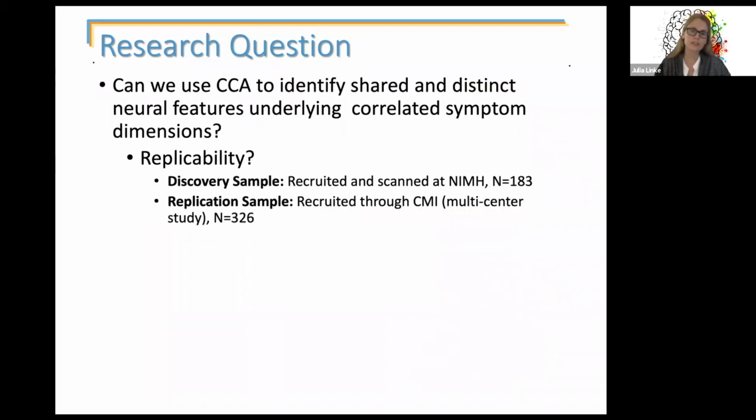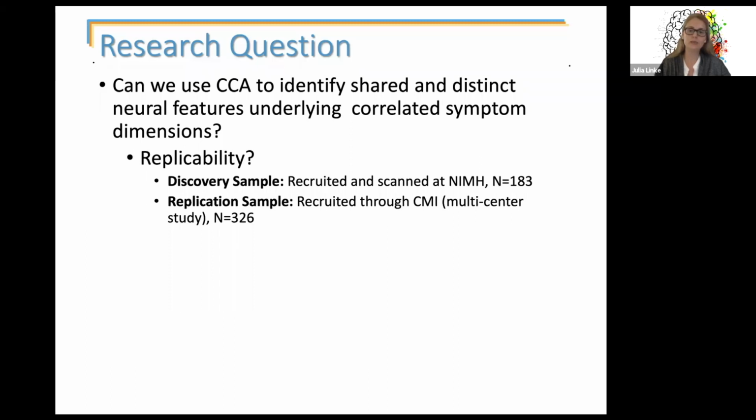So the question is, can we use canonical correlation analyses to identify shared and distinct neural features that underlie these three symptom dimensions? And a secondary question we had regarded the robustness of these findings. So would these associations replicate in an independent sample?